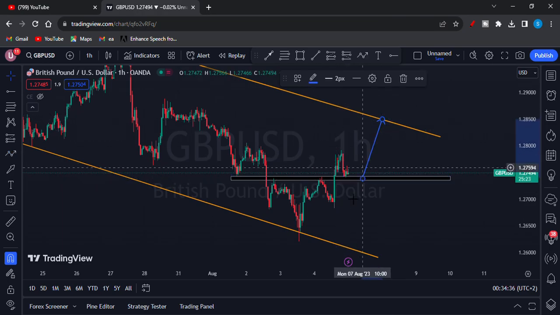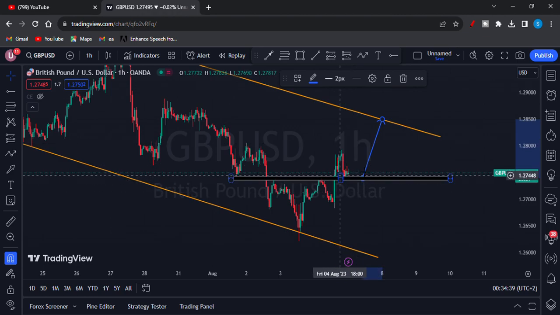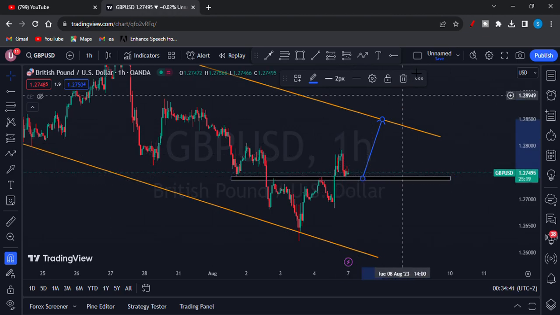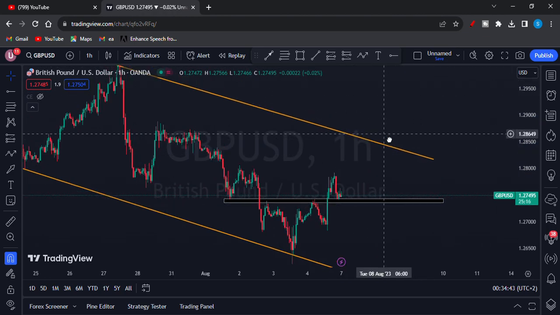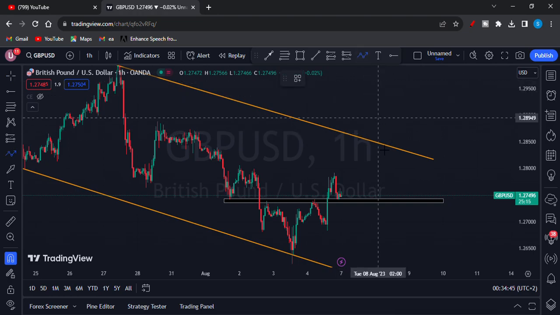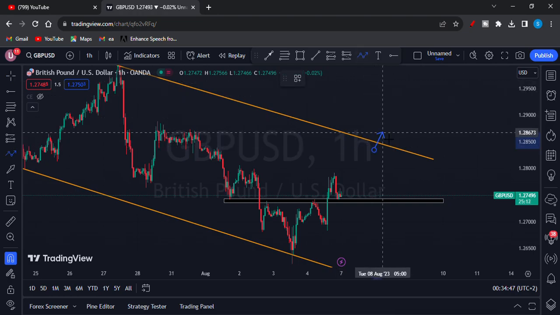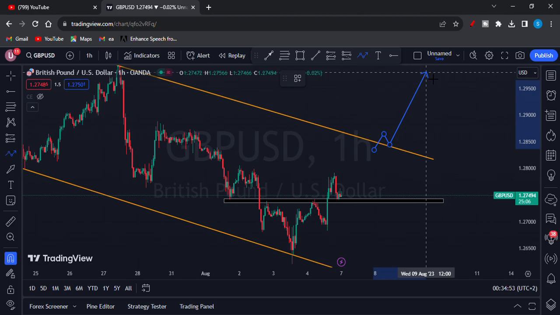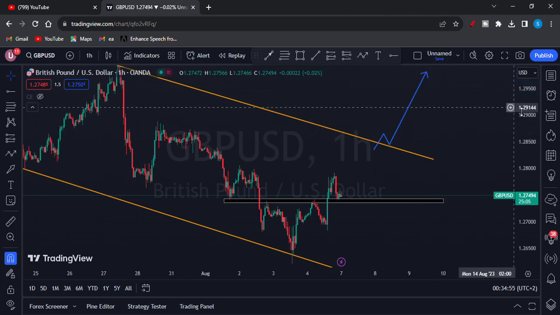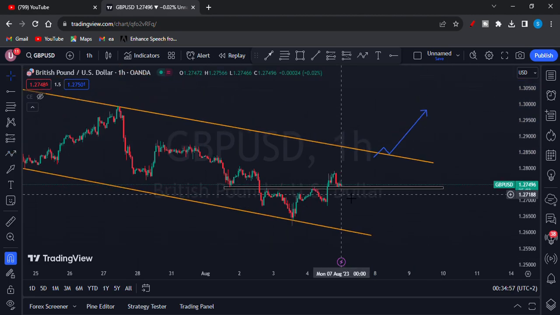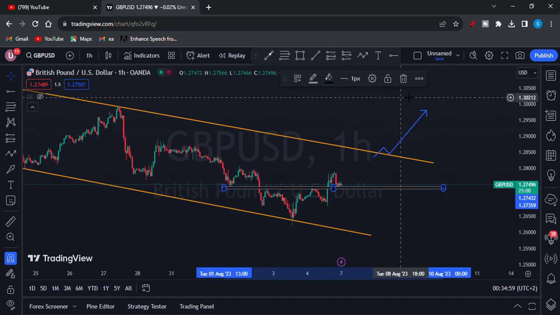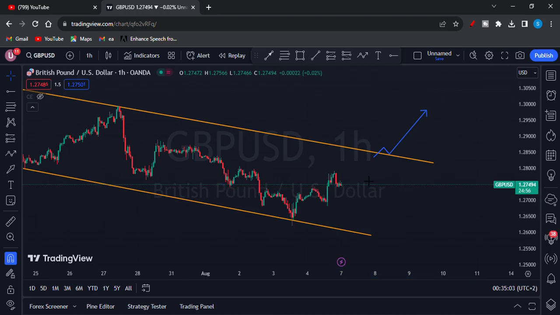In fact, I'm tempted to enter right here, but I said that I'm going to wait. I'm just going to wait for break here, retest, and then potential to maximize on this pair. But for now, I'm just going to wait. I'm waiting for this.